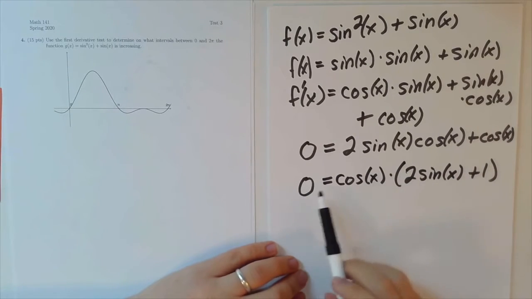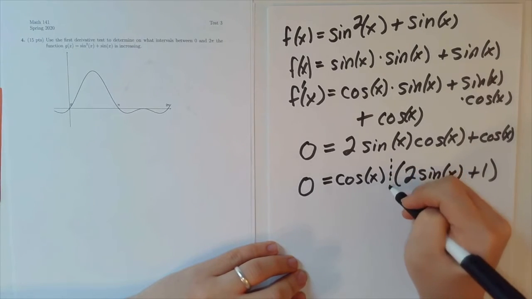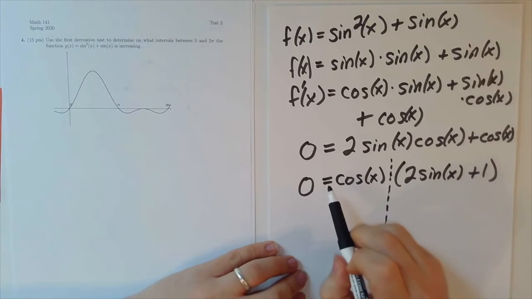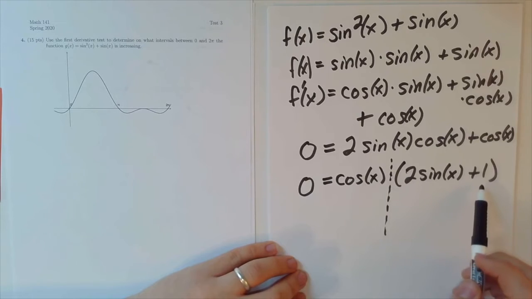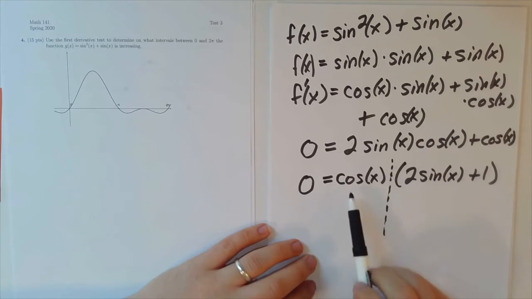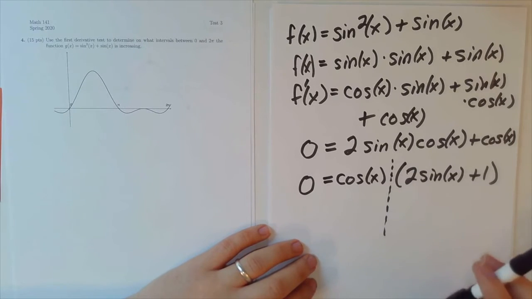And so I have 0 equals the product of these two things, and so that means my solutions to the original problem actually come from places where cosine of x is 0 or where 2 sine of x plus 1 is 0. Remember, all we're doing here is we're setting the derivative equal to 0, so we're looking for all the spots where the tangent line is horizontal.